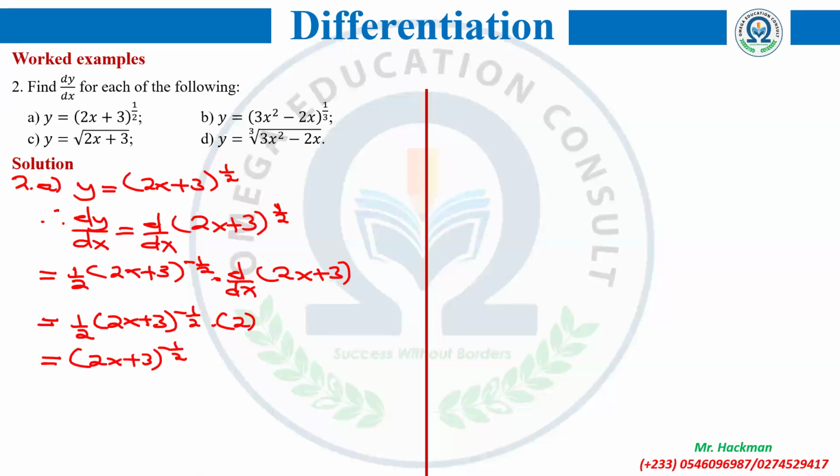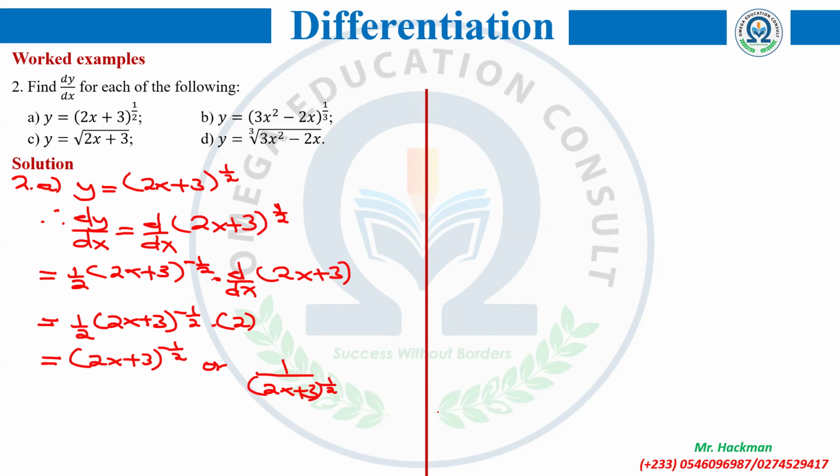You are welcome. Okay, and if you don't want to conclude with a negative exponent, someone can go ahead and write this. So let me write, okay, then you know this is the same as 1 over 2x plus 3 to the power half. Do you agree? Yes, sir.